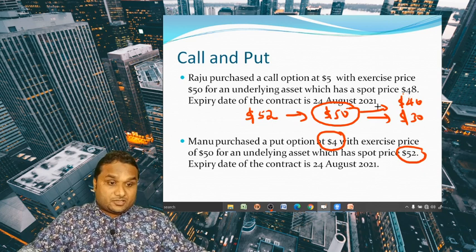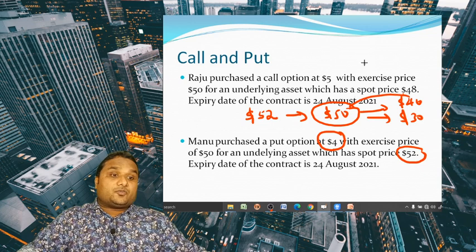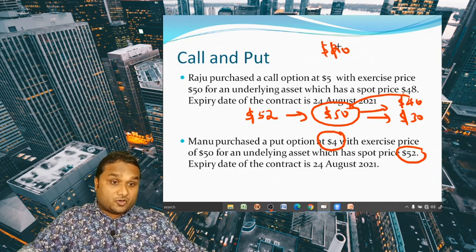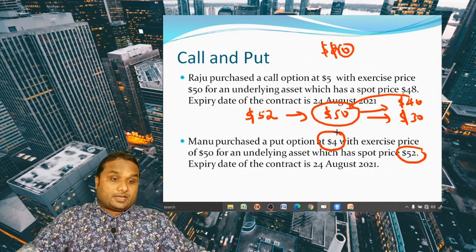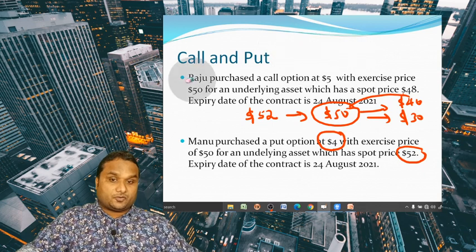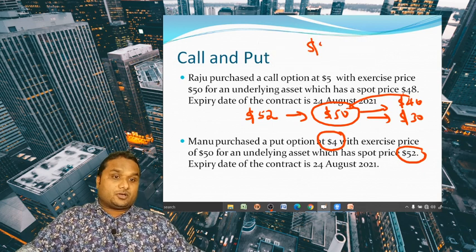If the price falls to $40, he has a value of $10, because he can sell at $50 while the market price is $40. For getting that value he paid $4.